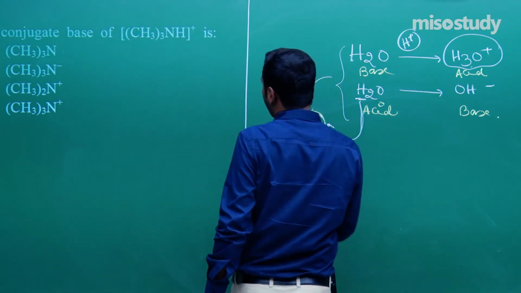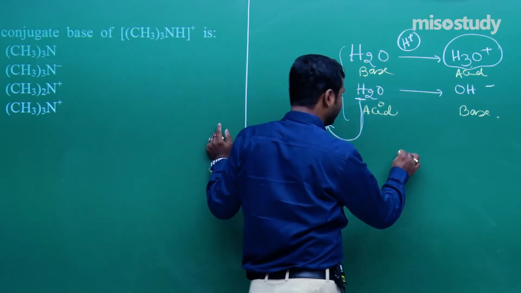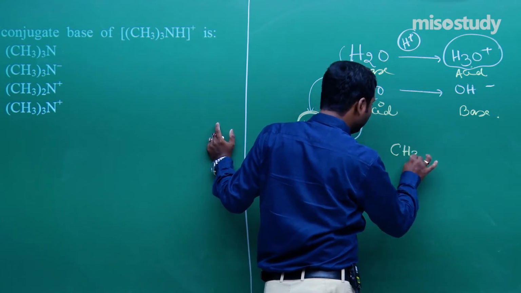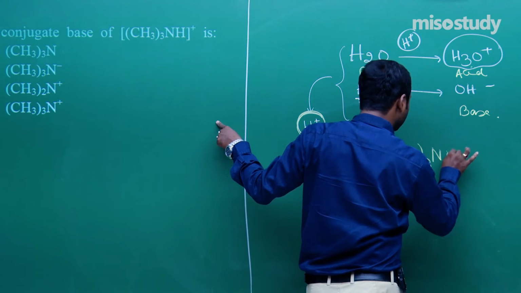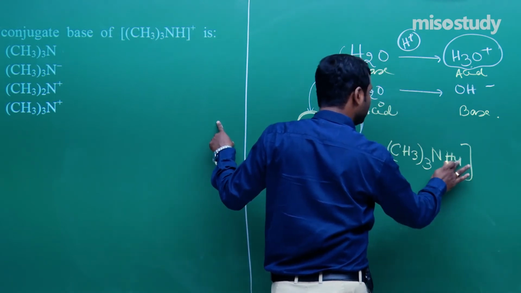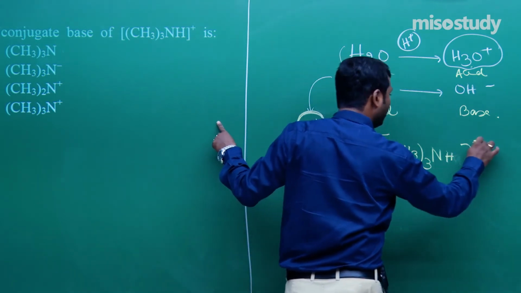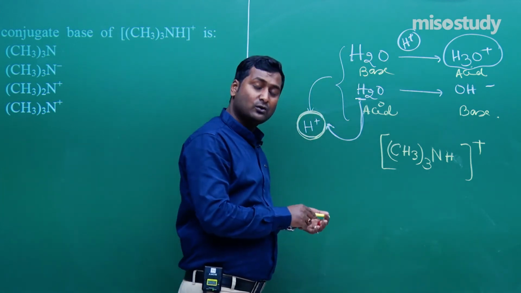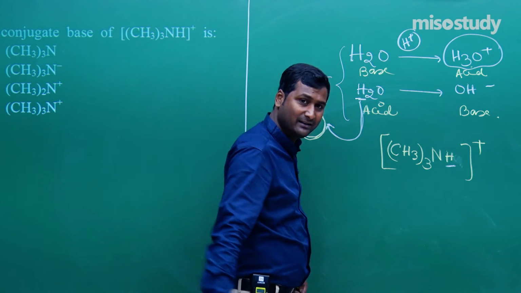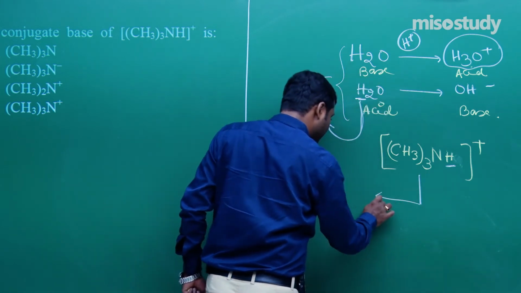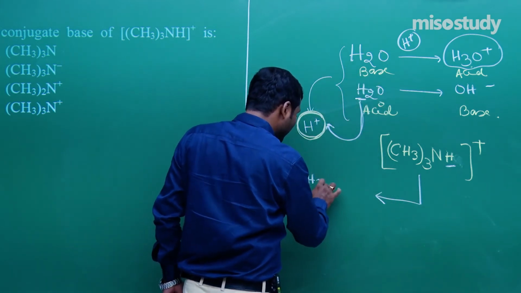Now if I talk about the conjugate base, that is (CH3)3NH plus. The question asks for the conjugate base, so we have to release the H plus ion. If you release the H plus ion, what do we get?